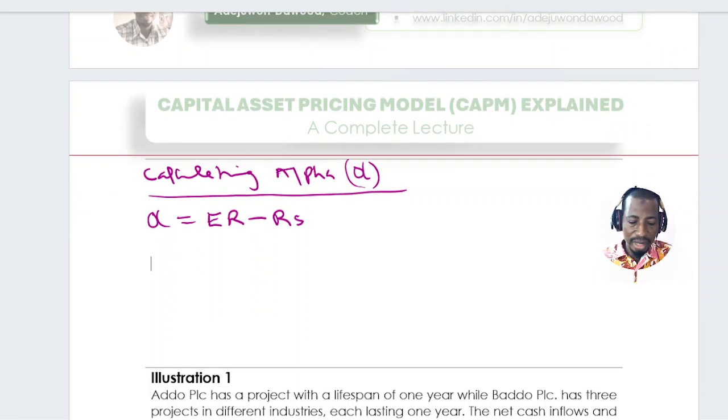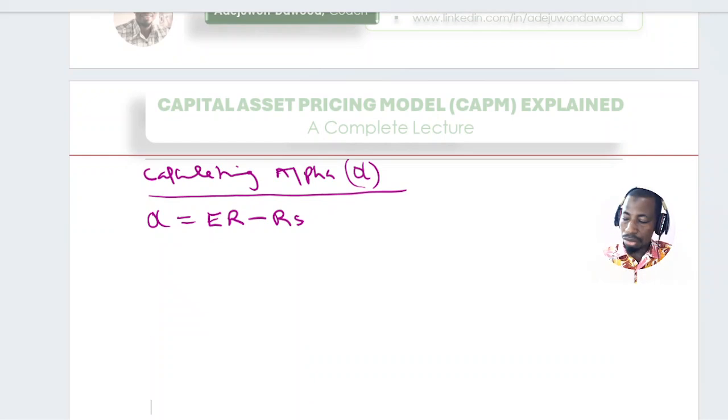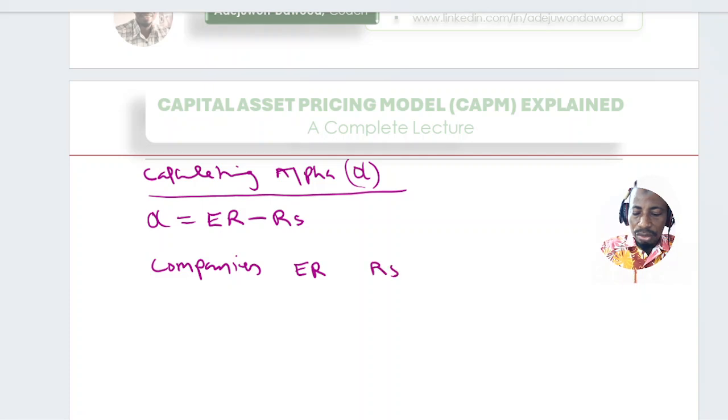To calculate the alpha, all you need to do is to create about 4 columns: one for companies in the portfolio, one for expected return, one for required return, and then one column for the alpha.